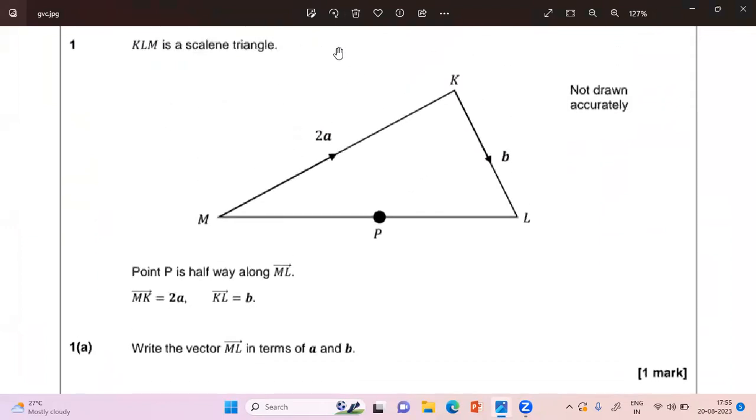So quickly roughly draw this one and then solve 1a. Everyone just be quick, try to give the answer.